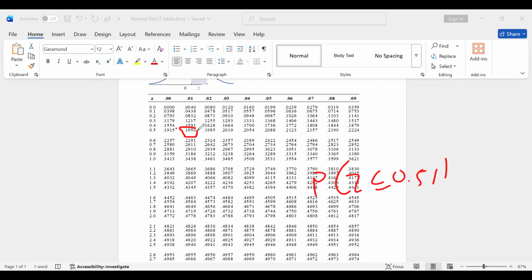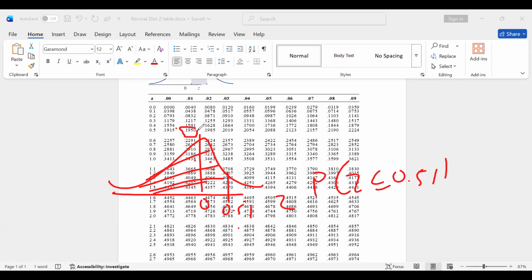If I were to draw, you have this value of 0, and then the plus here is 0.51. That's a Z. All of them are Z values. And then we are looking for the space below that number. So now that you've gotten this probability value, you add it to 0.5, and that will give you the type 2 error probability.